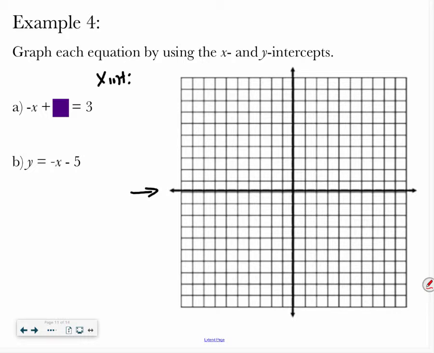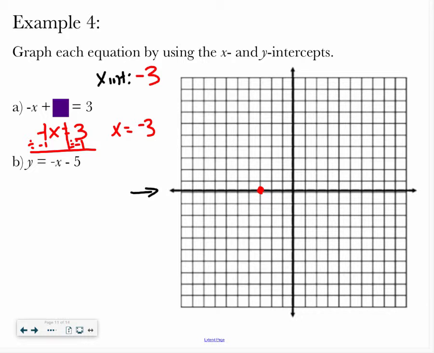And I don't like having negative variables. Right now, this is like a negative 1 times x, so I can divide by negative 1. And I'm left with x equals negative 3. So when y equals 0, x equals negative 3. So my x-intercept is at negative 3, so I'm going to go on the x-axis left 3.